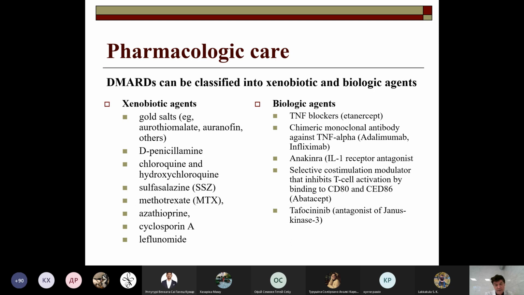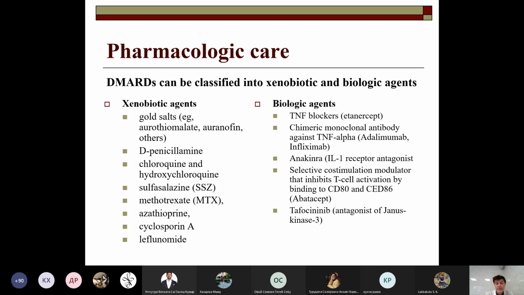For instance, TNF blockers, something like etanercept, have solubilized receptors for tumor necrosis factor alpha. Chimeric antibodies against TNF alpha, like adalimumab and infliximab, might have a dramatic positive effect on short-term outcomes, but their positive effect on long-term outcomes is not quite different from methotrexate, for instance.